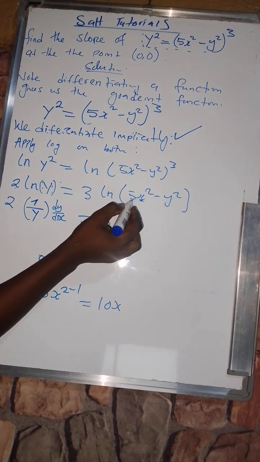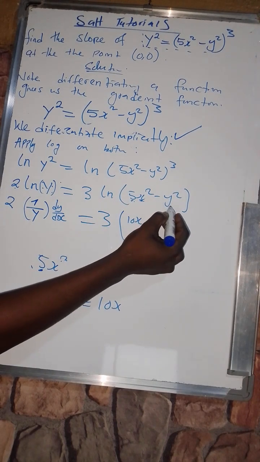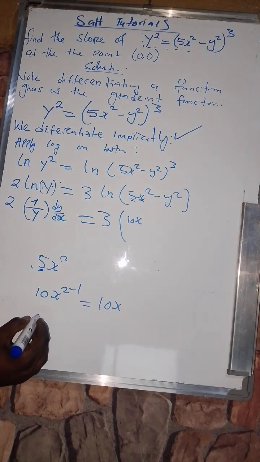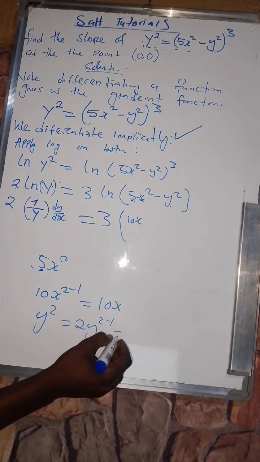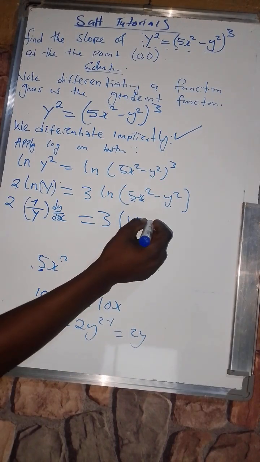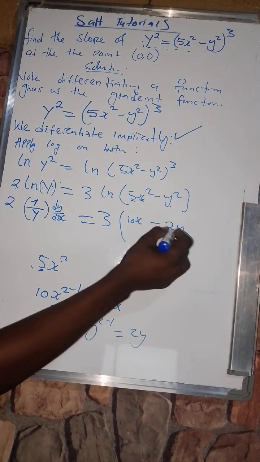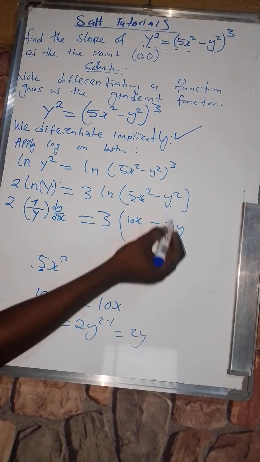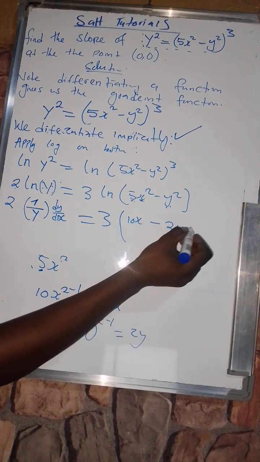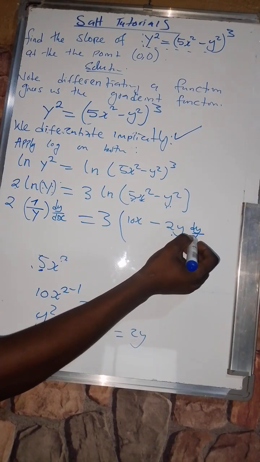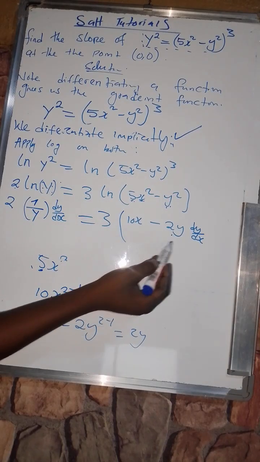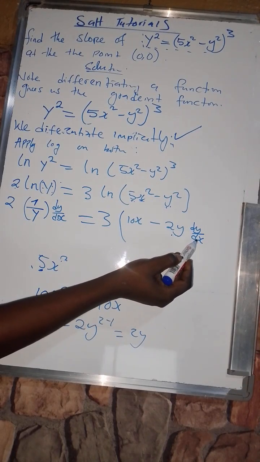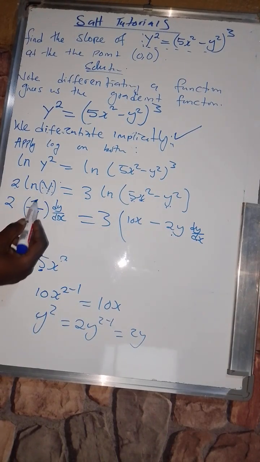If I differentiate y squared, the 2 will drop down, and this becomes 2y, so this is negative 2y. But since I'm differentiating y, what should I add to this? I'm going to add dy/dx to it, because of the implicit differentiation. Every time we differentiate y, add dy/dx.